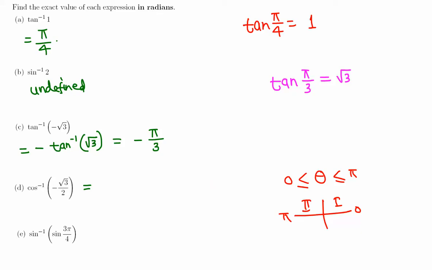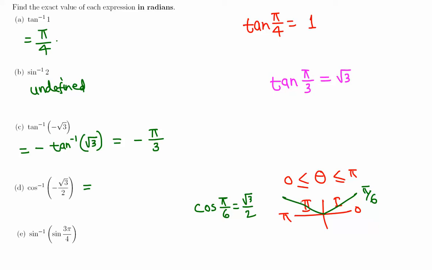Without the negative sign, we know that cosine of pi over 6 is √3 over 2. But this is negative, so we are looking for the corresponding angle in the second quadrant.